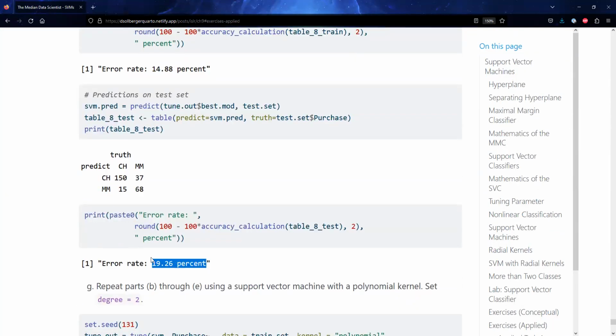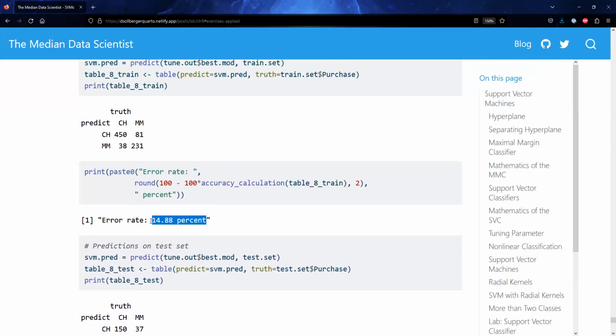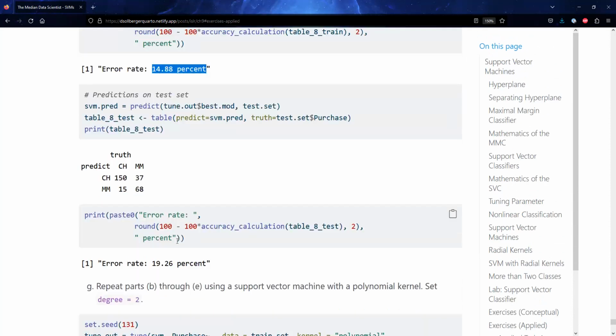But the error rate is higher on the testing set. So at first, what happened was on the training set, the radial kernel seemed to do pretty well. But then on the testing set, the radial kernel actually did worse than the previous attempts.